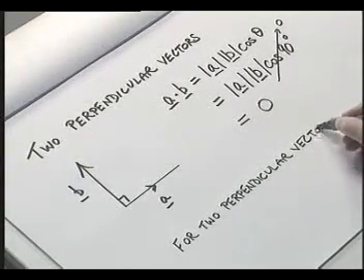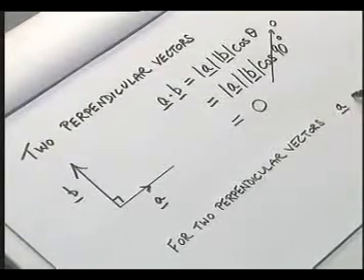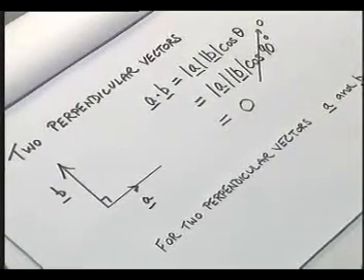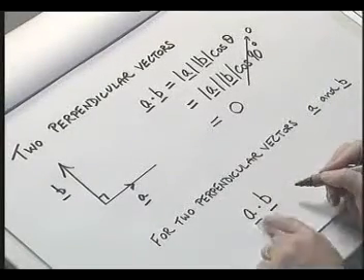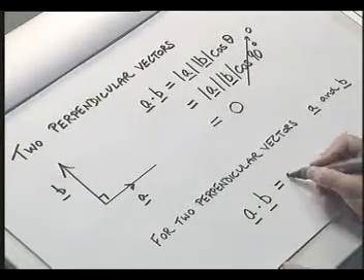So for two perpendicular vectors, A and B, it's an important result which you should learn, that their dot product, their scalar product, is 0.